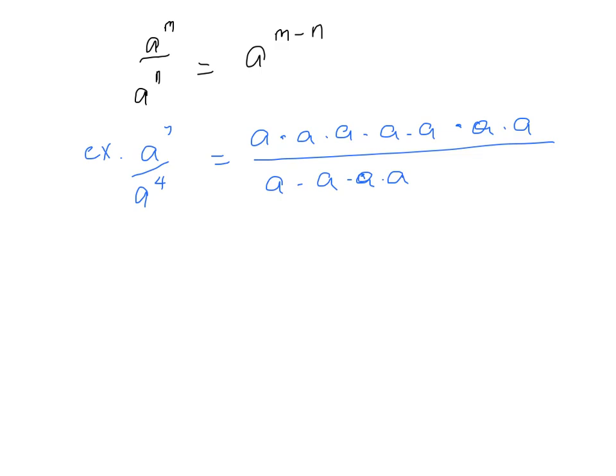All right, so a's will cancel, a's will cancel, and one more time, and we are left with a to the third. So we didn't actually have to do all that work. I just wanted you to see why it is that for a to the m over a to the n, all we have to do here is subtract the exponents.